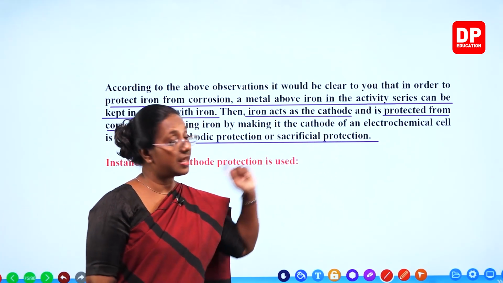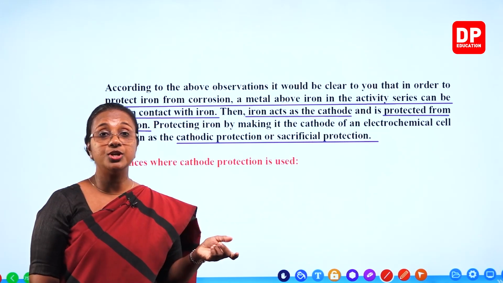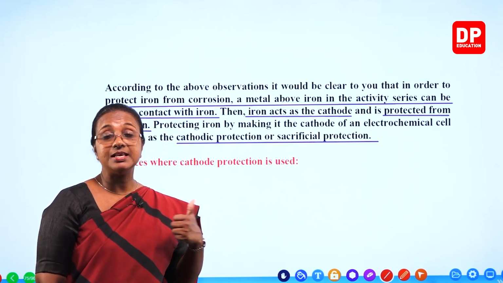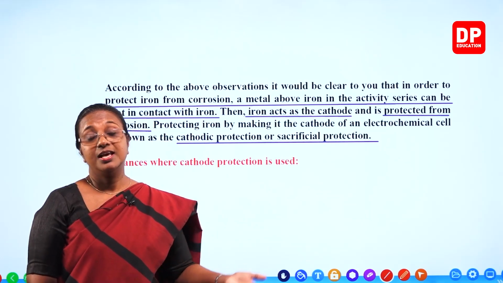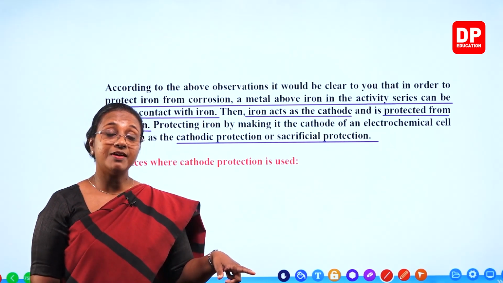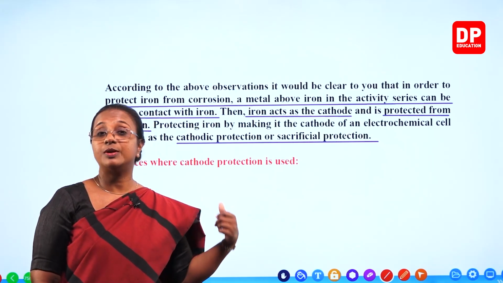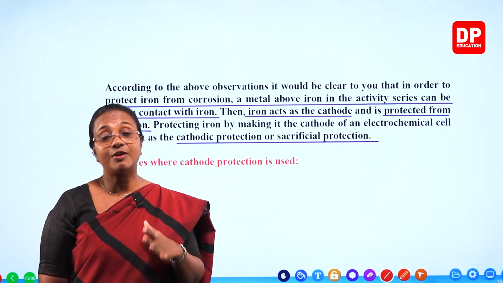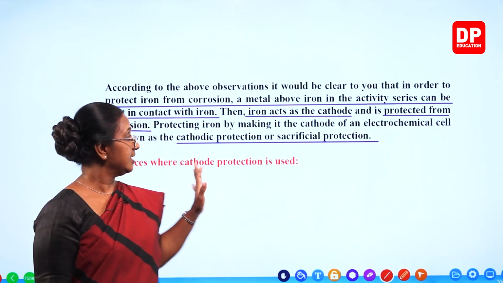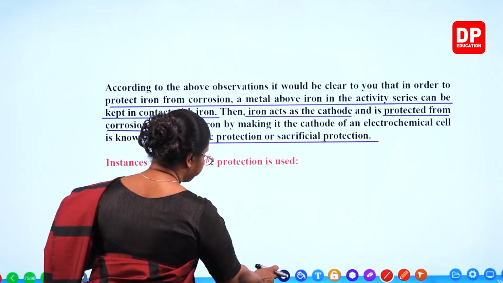Why do we call it sacrificial protection? I told you all, both magnesium and zinc act as the sacrificial electrode. They undergo sacrifice to protect iron. They undergo oxidation to protect iron from rusting. So that is what I explained to you all.